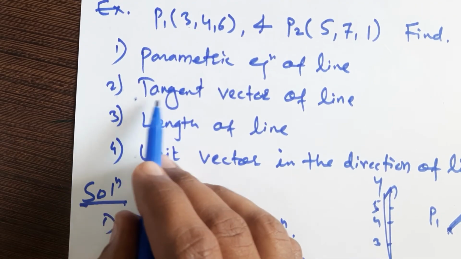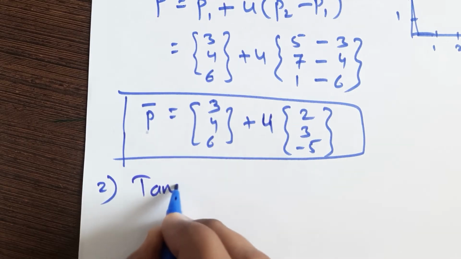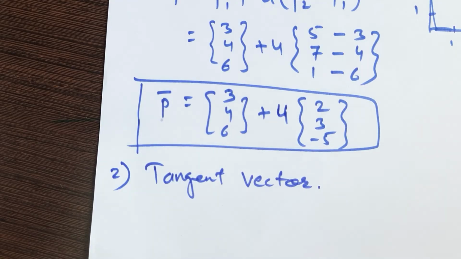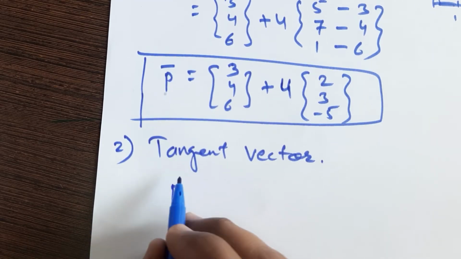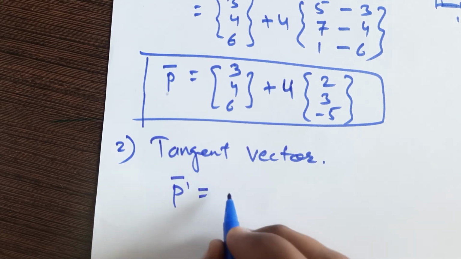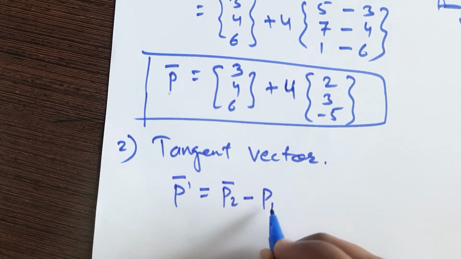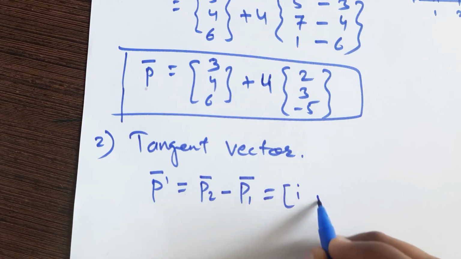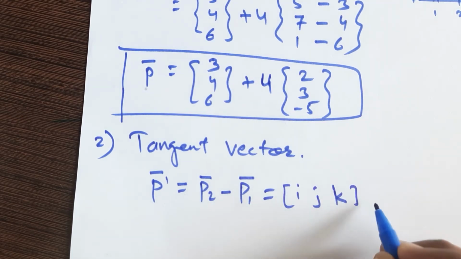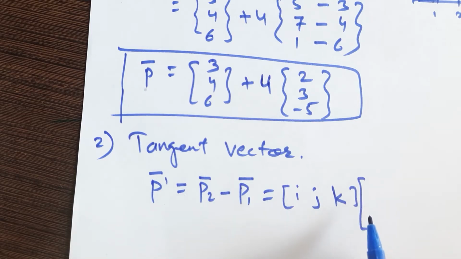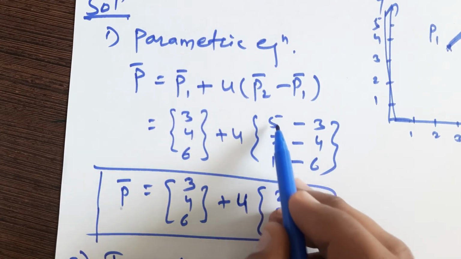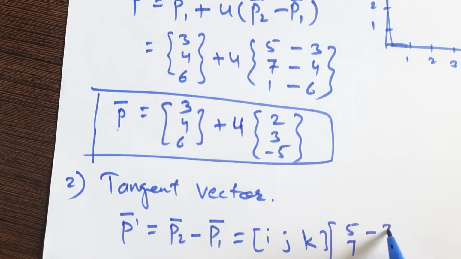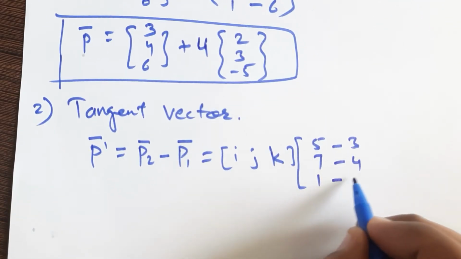The second thing that we need to find is the tangent vector of the line. The equation we have seen: P dash bar is equal to P2 bar minus P1 bar. If you want to write it in i, j, k form, it is i, j, k times P2 minus P1. P2 is 5, 7, 1 minus P1 which is 3, 4 and 6.